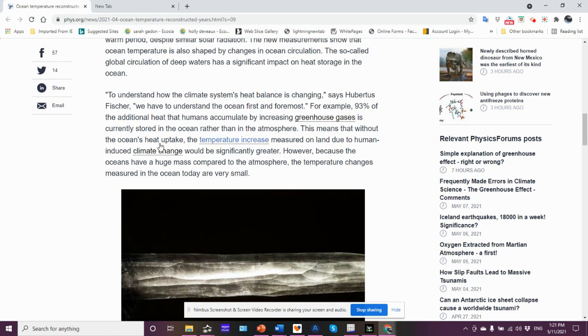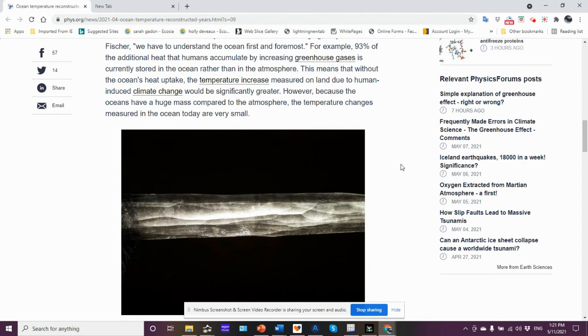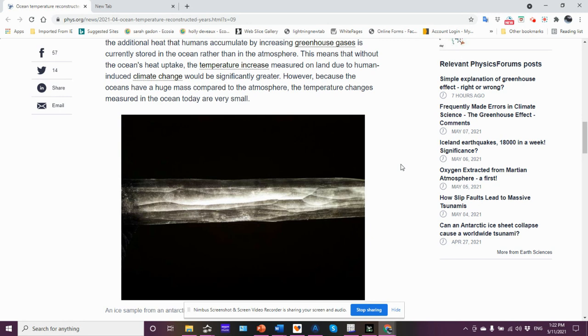This means without the ocean heat uptake, the temperature increase measured on land would be significantly greater. Right, that's what I just described for you. However, because the oceans have a huge mass compared to the atmosphere, the temperature changes measured in the ocean today are very small. But let's not forget the specific heat aspect of water.